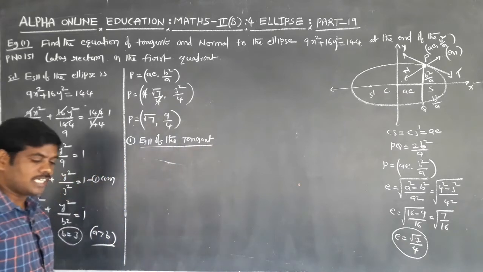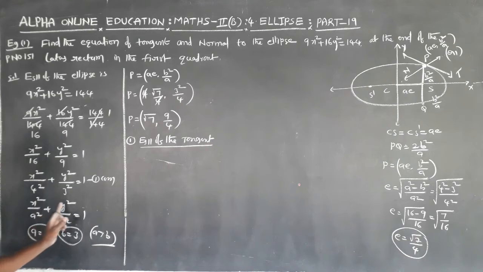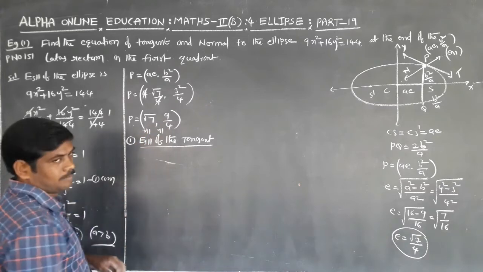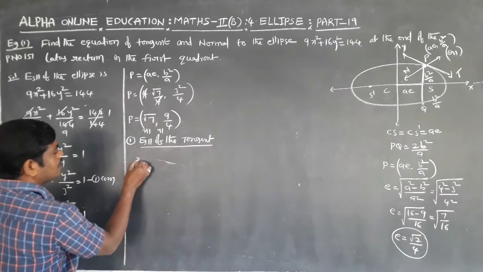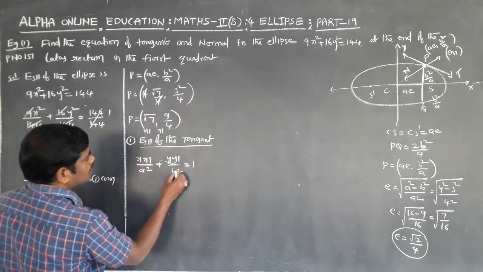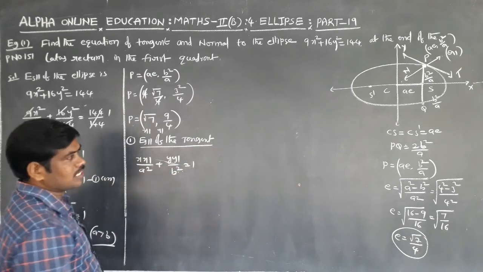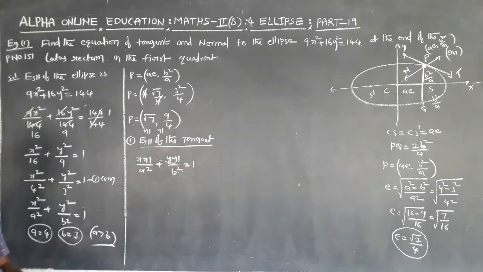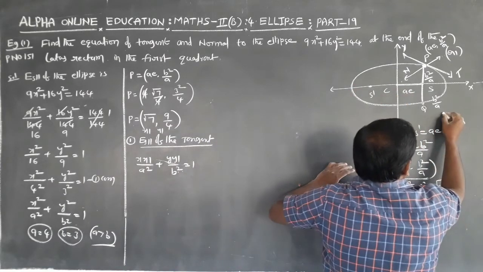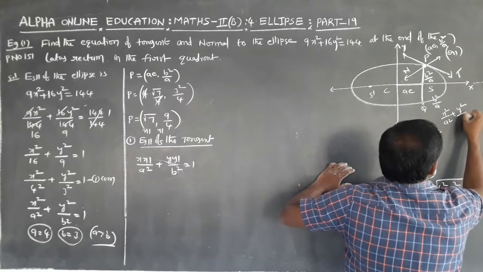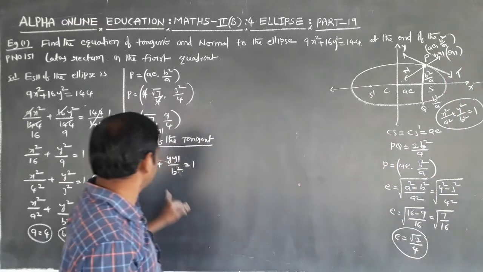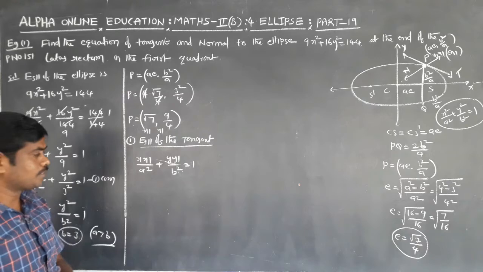Equation of the tangent to the ellipse x square by a square plus y square by b square equal to 1 at the point P(x1, y1) is x x1 by a square plus y y1 by b square equal to 1, or x x1 by a square plus y y1 by b square minus 1 equal to 0.